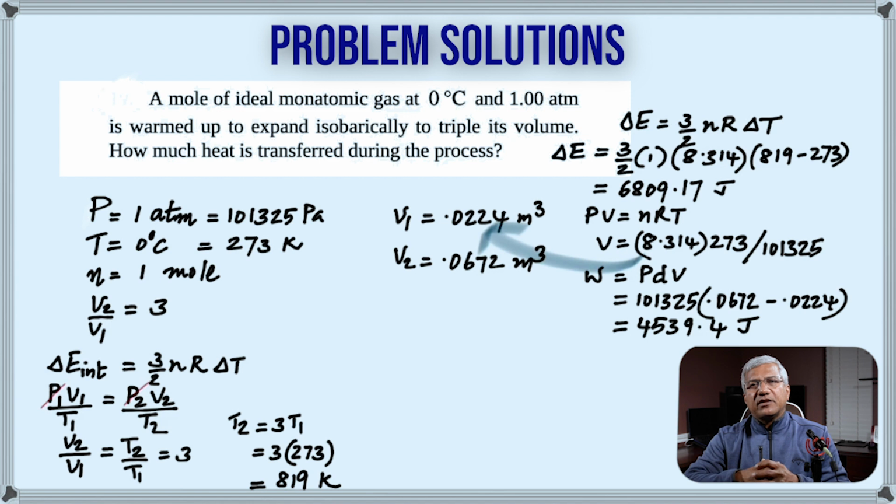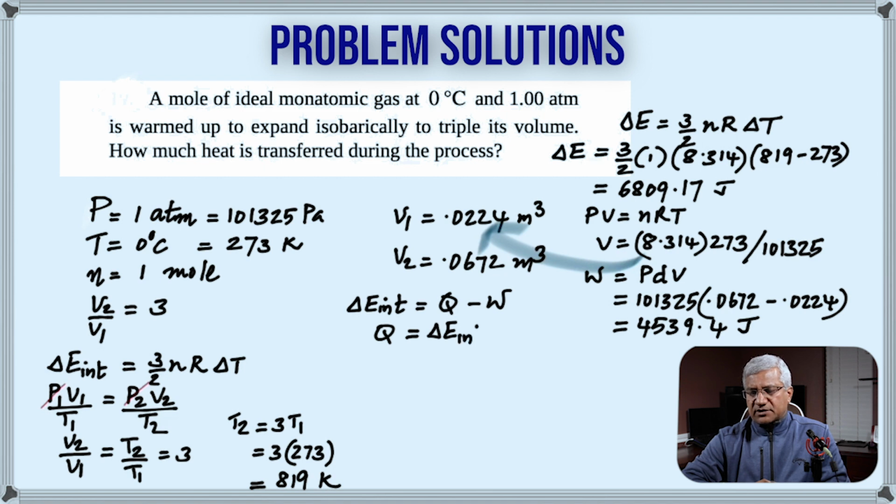Okay, so we have the change in internal energy and the work. Now we can apply the first law of thermodynamics and find the quantity of heat. So according to the first law, delta E is Q minus the work. So Q is change in internal energy plus the work. We have both those quantities.